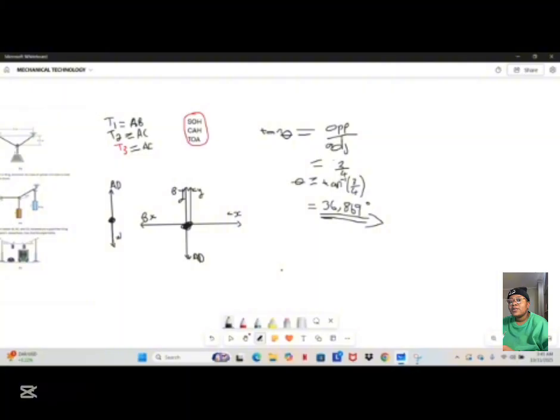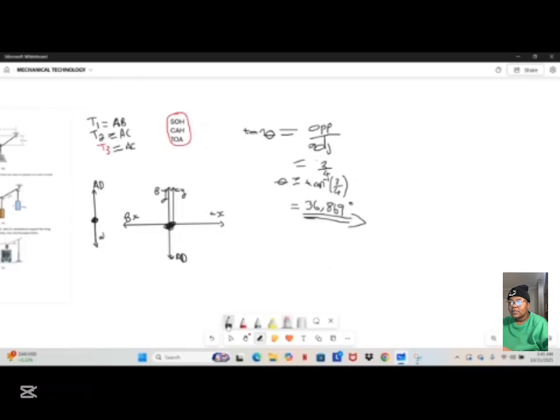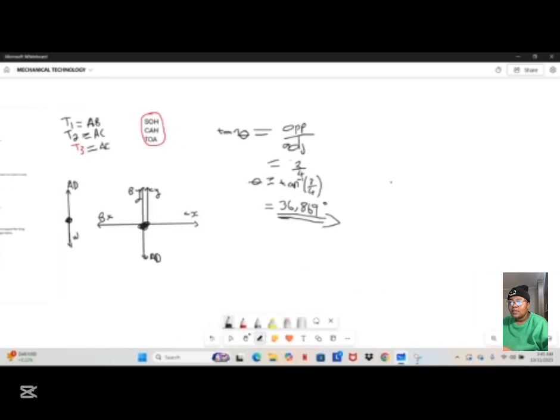You should always indicate that when you're solving for the sum of F of x, it is equal to 0. Always. This is very important. You should always know this. The sum of forces horizontal is equal to 0. Always.